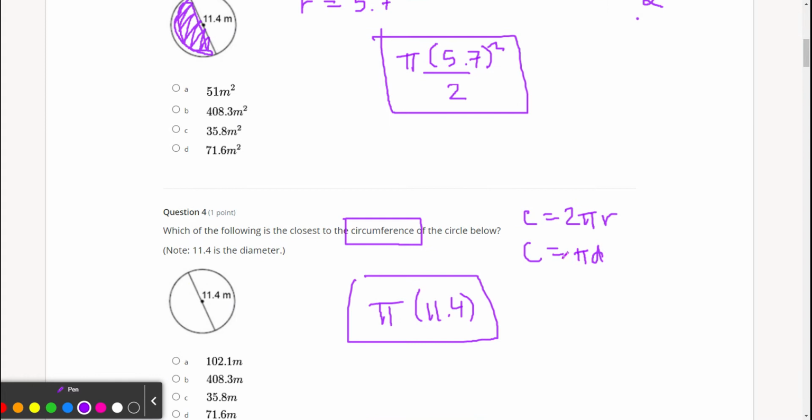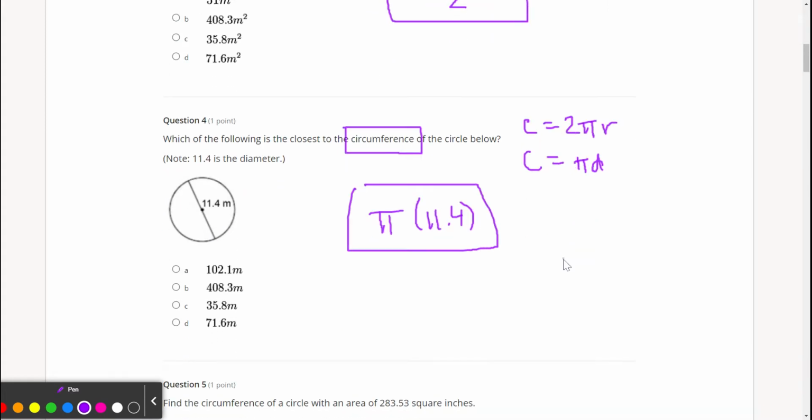You put it in the area, A equals and then R squared, you do 2 and 4, 4, and then square.